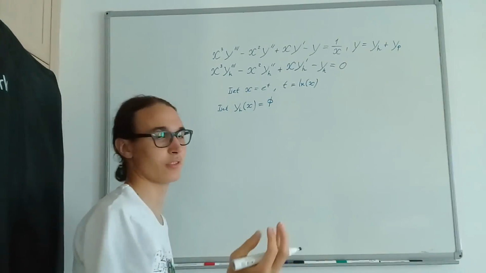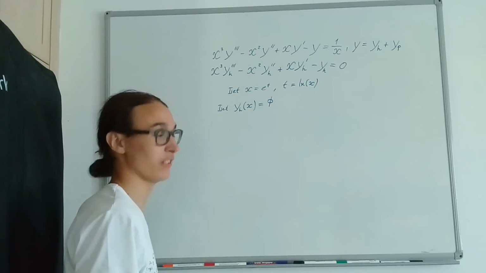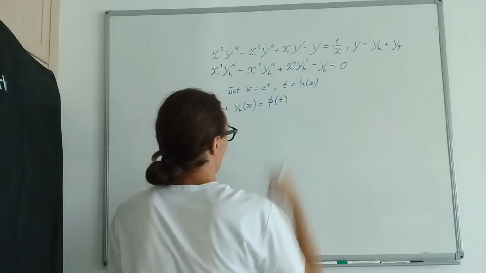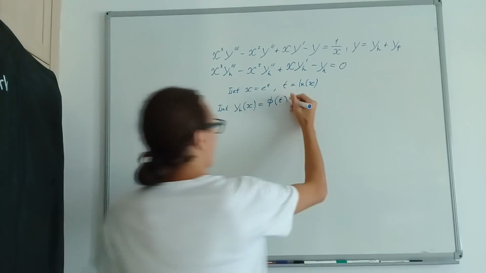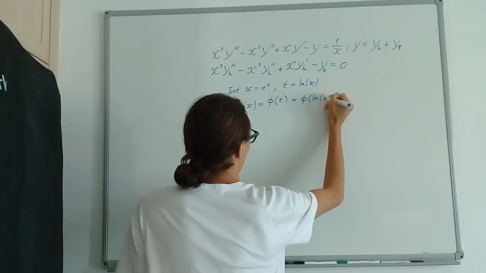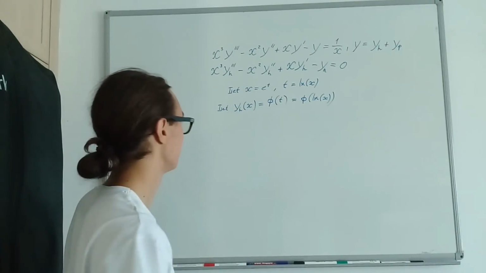Some people just say it's equal to phi of t, but that's pretty stupid. So instead, phi of t, this new variable that we have here. But what's t? Well, t is just ln x, so we're gonna get phi of ln x.